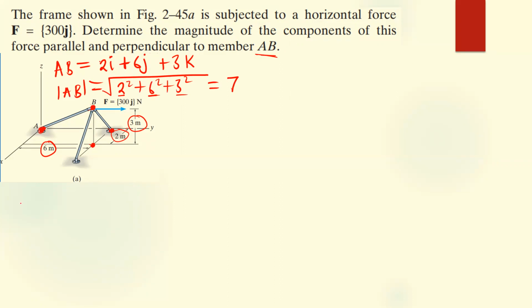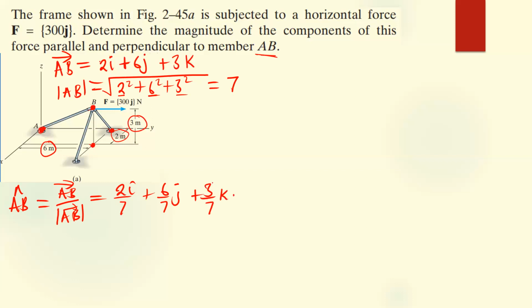So the unit vector of AB is given by the vector AB divided by the magnitude of AB. This is just going to be 2i over 7 plus 6 over 7j plus 3 over 7k.